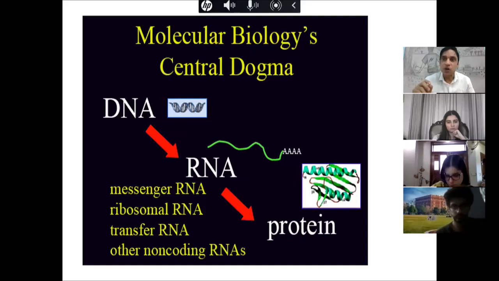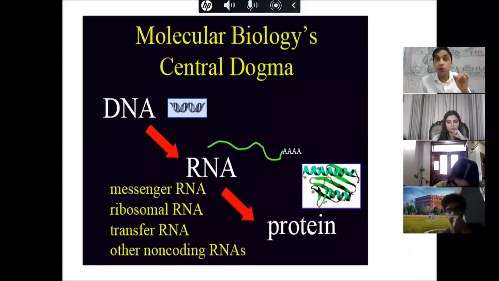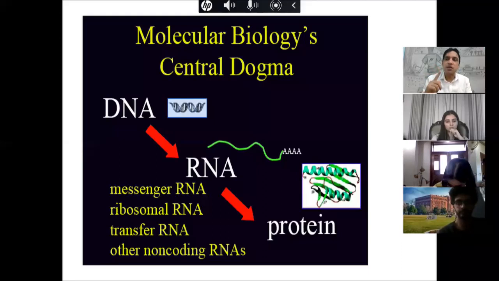The other portions are also expressing RNA, but those RNA are not messenger RNA. They might be transfer RNA, antisense RNA, or long non-coding RNA, but those will not be used to produce proteins. Only one type of RNA is able to produce protein, and that is called messenger RNA.